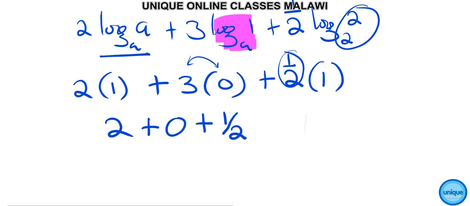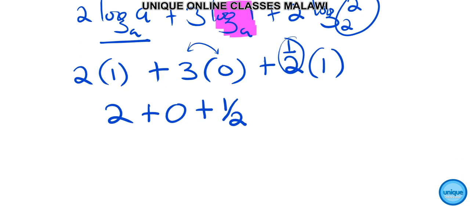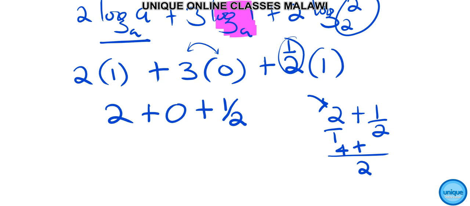So here 2 plus 0, that's 2, and 2 plus half, so we use common denominator 2. 1 into 2, that's 2 times 2 is 4, then plus 2 into 2, that's 1 times 1, that's 1, and our answer is 5 over 2.